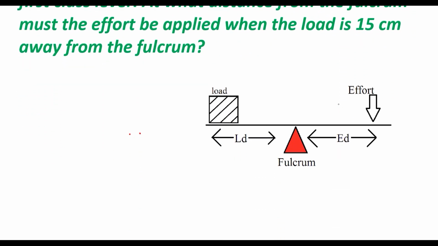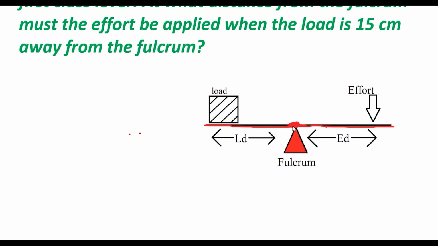This horizontal line is called a rod, a rigid bar, or we can say a lever. We can define a lever as a rigid bar or rod that can move freely around a fixed point. From this fixed point, it moves.